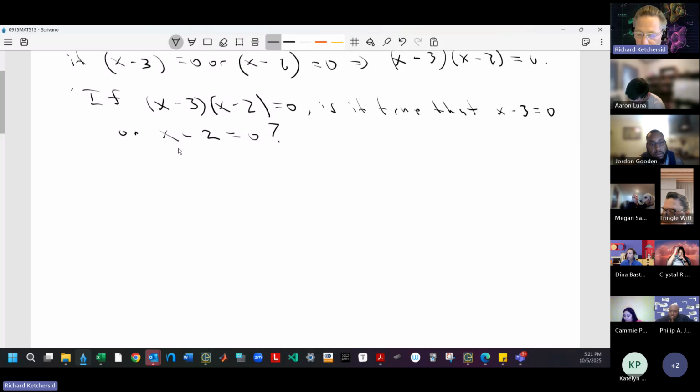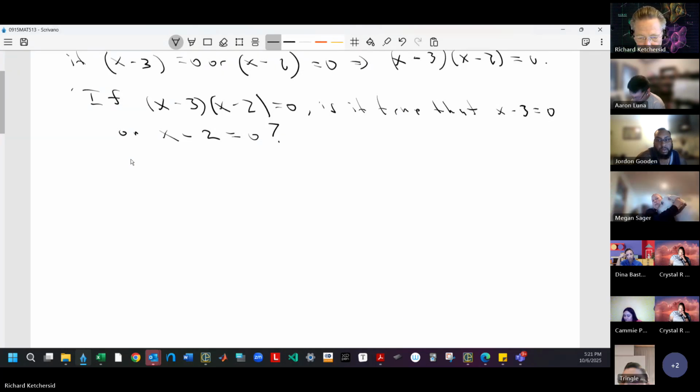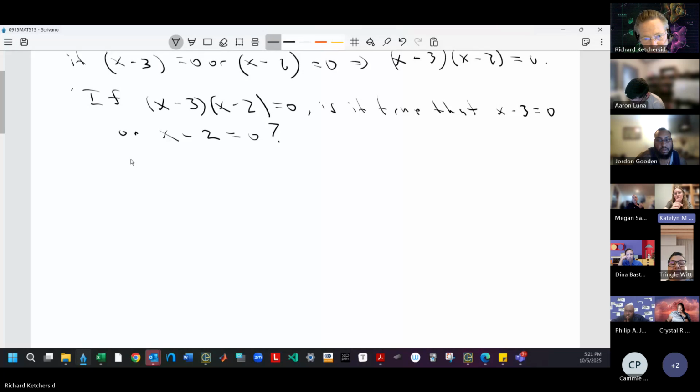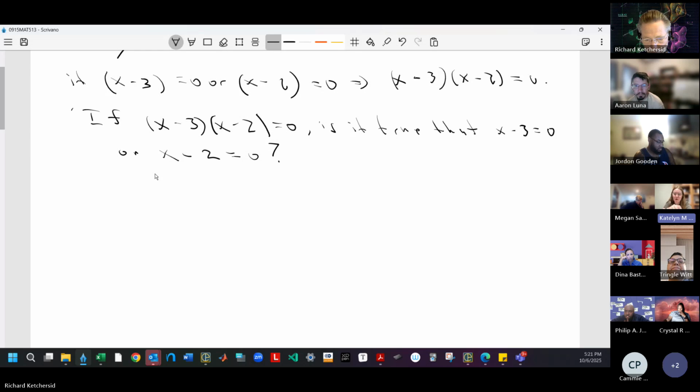So in other words, like X equals 2 or X equals 3, right? So is that actually true here? Is it true to go backwards? You're saying if X minus 3 equals 0, or X minus 2 equals 0, then X minus 3 times X minus 2 is 0, but we can't go the other way around.